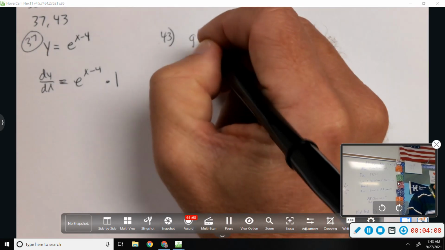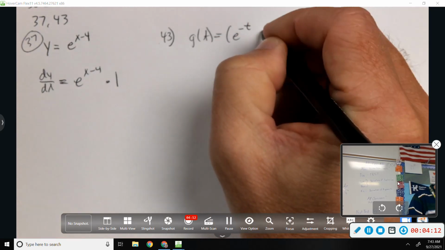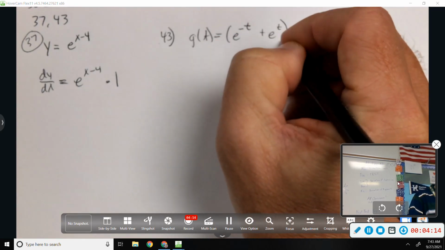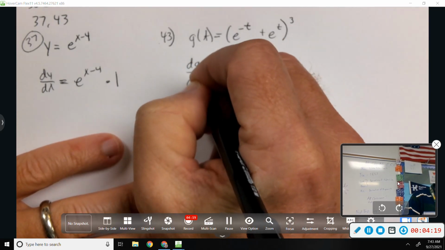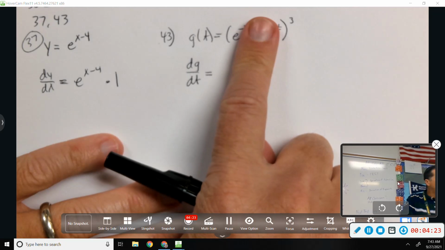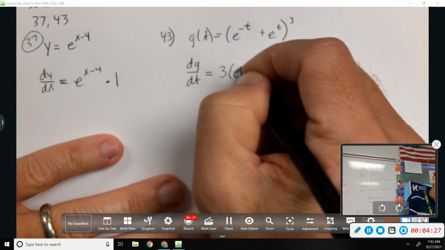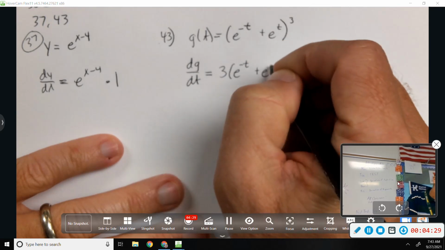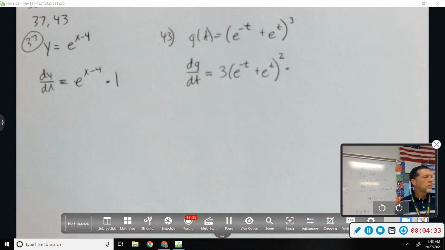43, g of t equals e to the negative t plus e t cubed. So dg dt, well, I've got something cubed, so my first go would be handling the cube thing. So I'm thinking chain rule here.